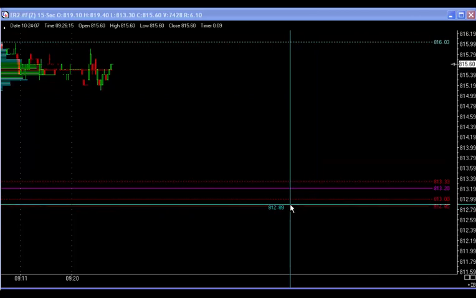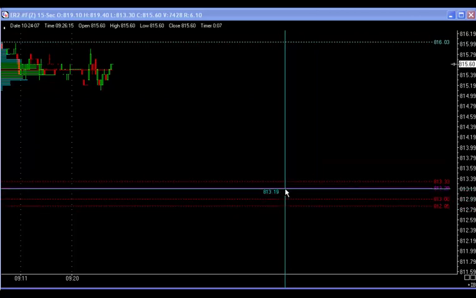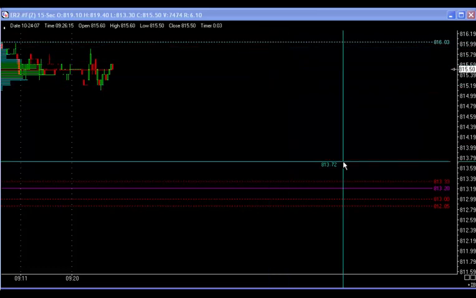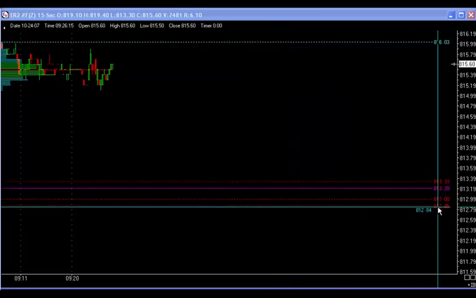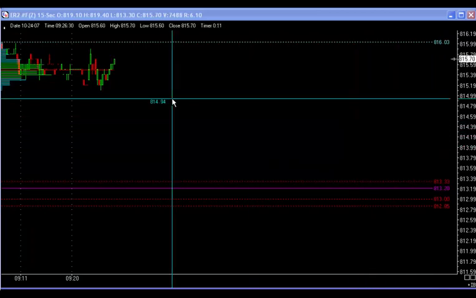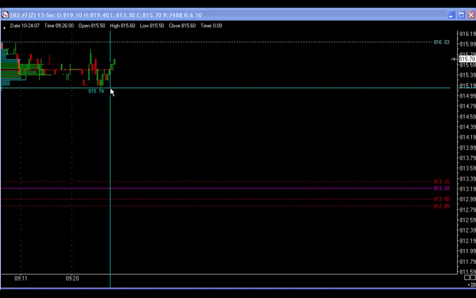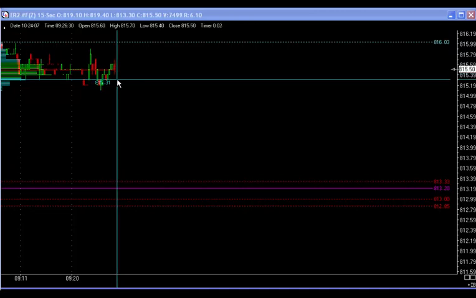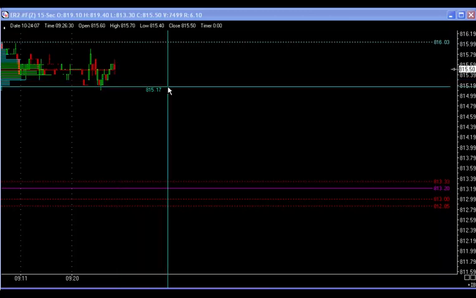You see some red dotted lines, a purple line, and light blue lines with prices listed on the right of the chart. Here you can see the 15-second bars that are starting to develop. The opening has not yet occurred. It's still 4 minutes away until the 9:30 open.